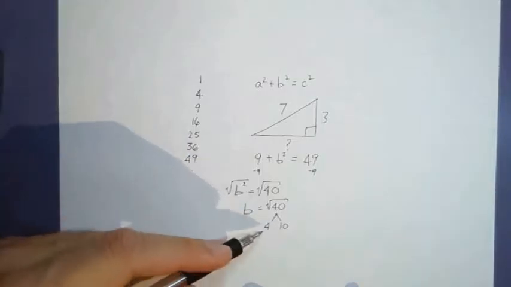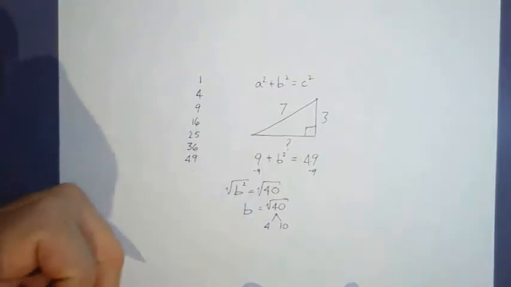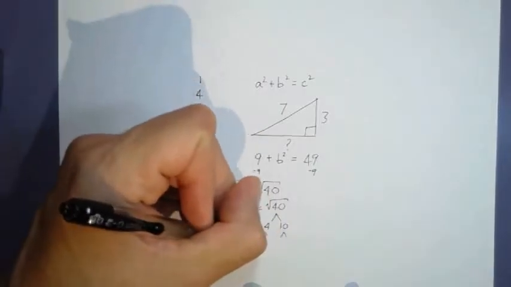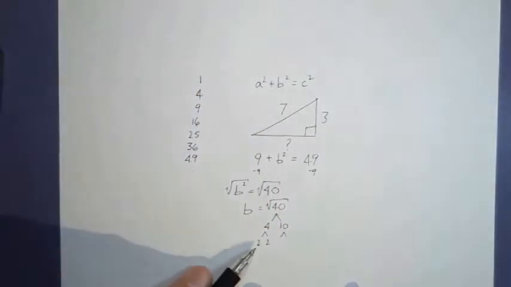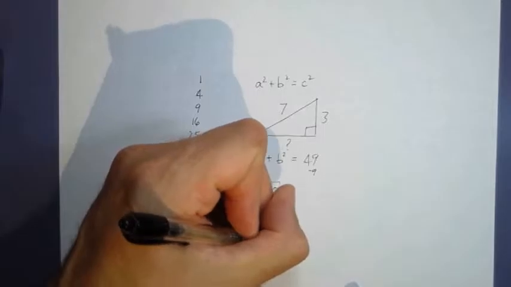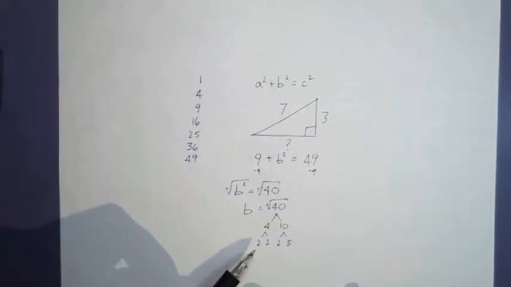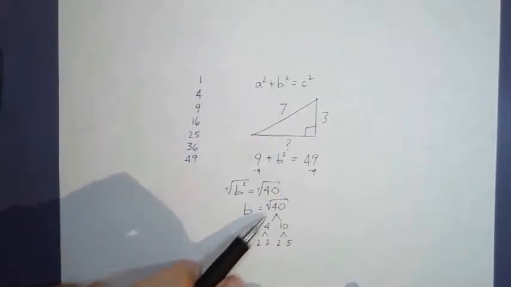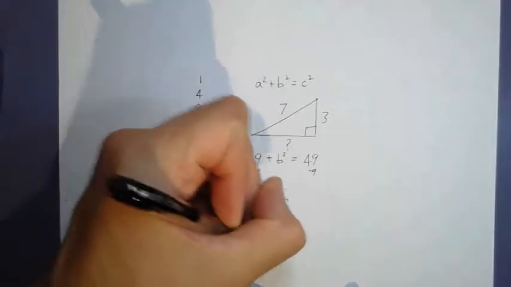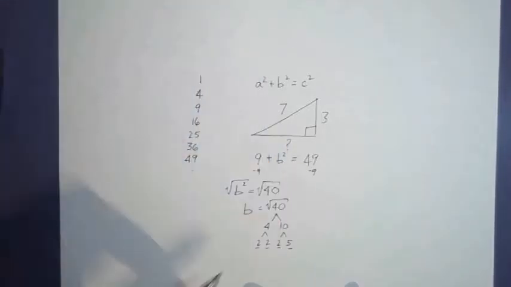And that's fine. And if you want to further break those down, because those aren't prime, 4 is composed of a pair of 2's, and 10 gives us a 2 and a 5. So the ingredients that make 40 by multiplying, if I break it down into its parts, are a 2, a 2, a 2, and a 5.